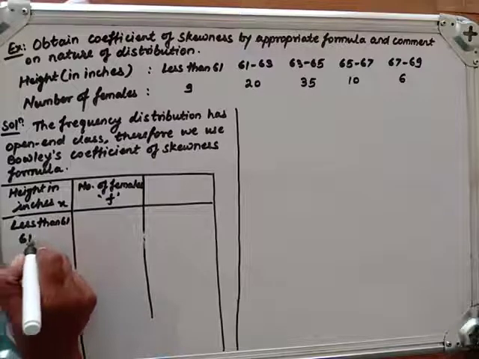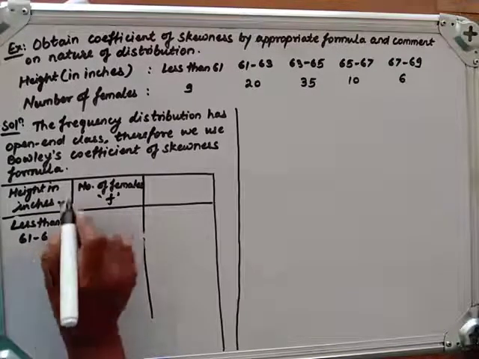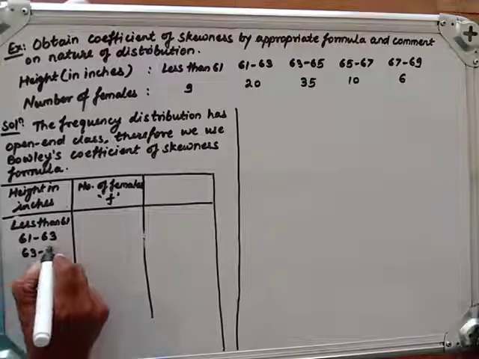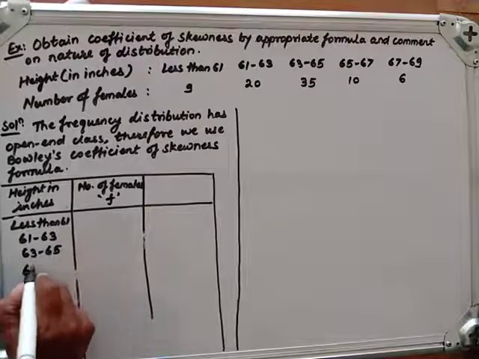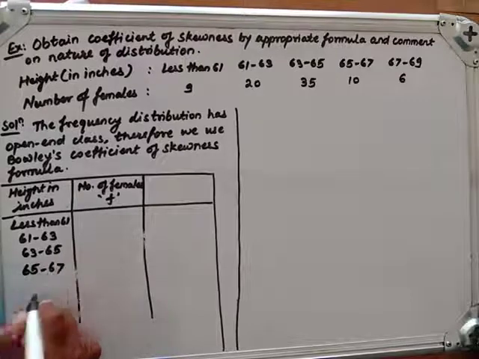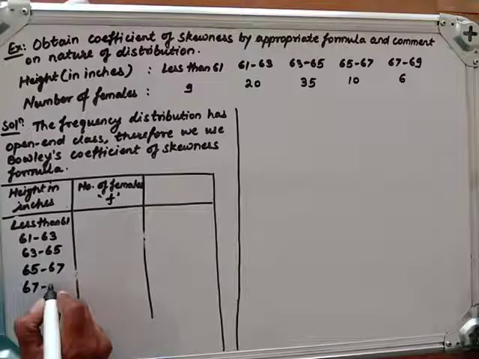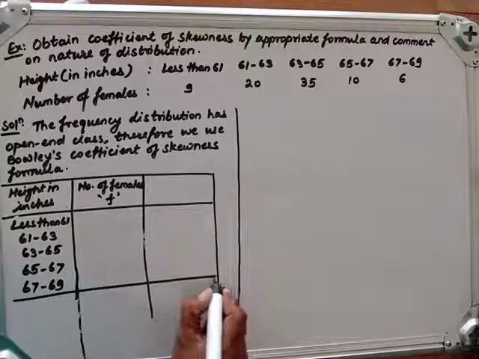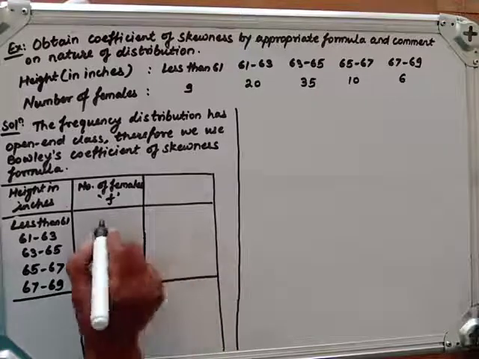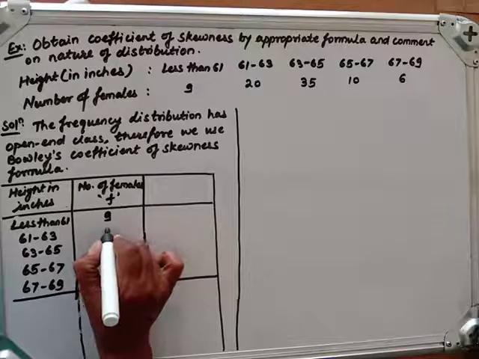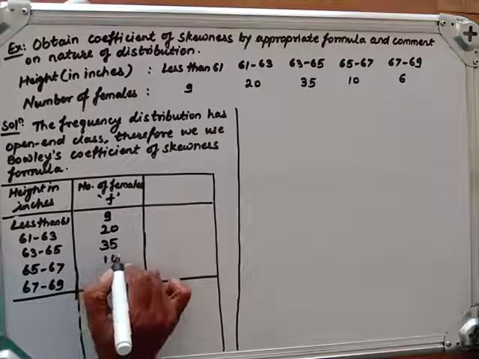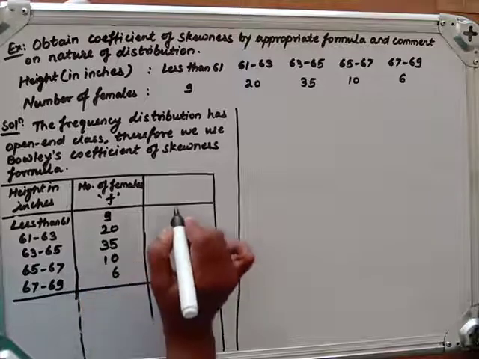Here 61 to 63, class intervals are given, 63 to 65, 65 to 67 and 67 to 69. So now number of females 9, 20, 35, 10 and 6.